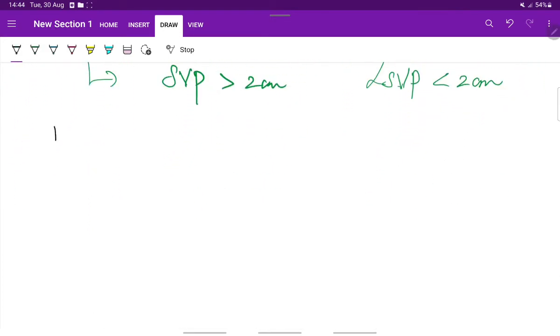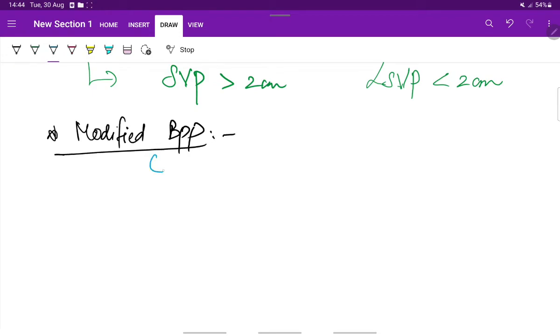Next, there is something called as modified biophysical profile. It takes about 30 to 60 minutes for recording the biophysical profile, whereas the modified biophysical profile can be recorded in just 10 minutes.